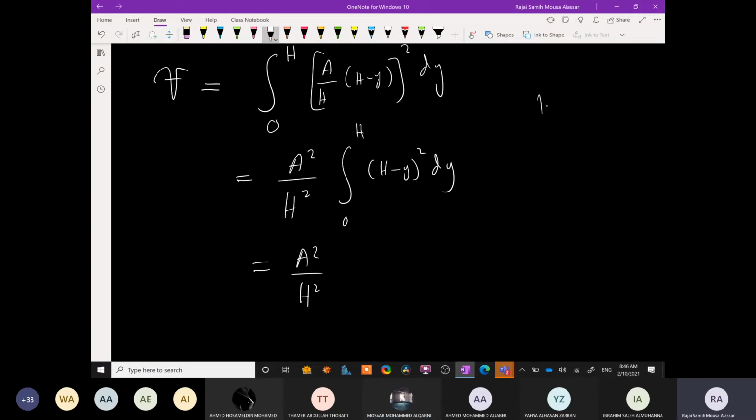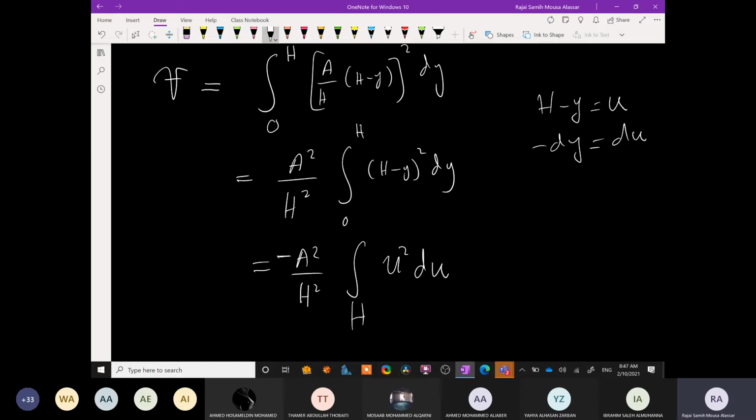Okay, so let's integrate that, a squared over h squared. We say that h minus y is equal to u. h is a constant, so minus dy is equal to du, correct? So this is the integral of u squared, and dy is minus du. If y is 0, what is u?